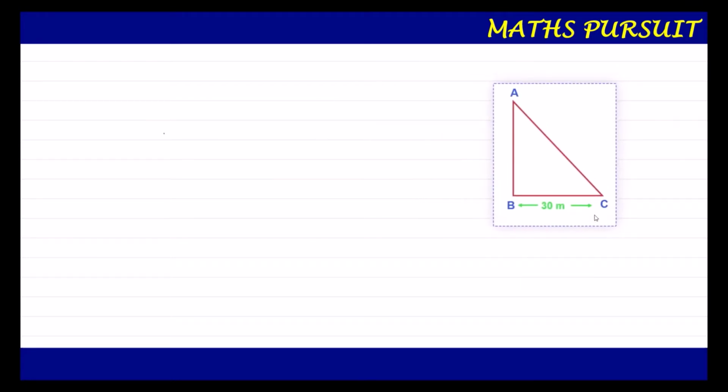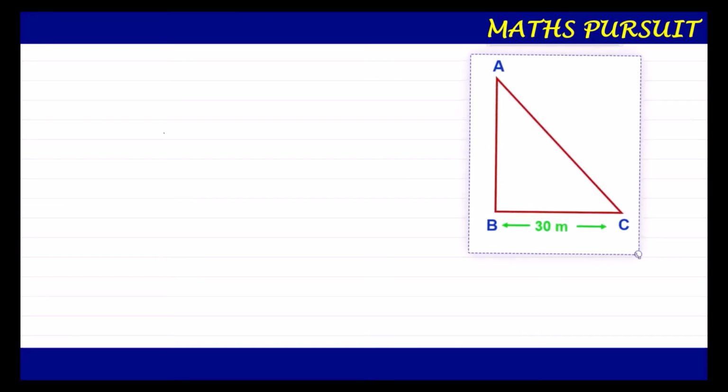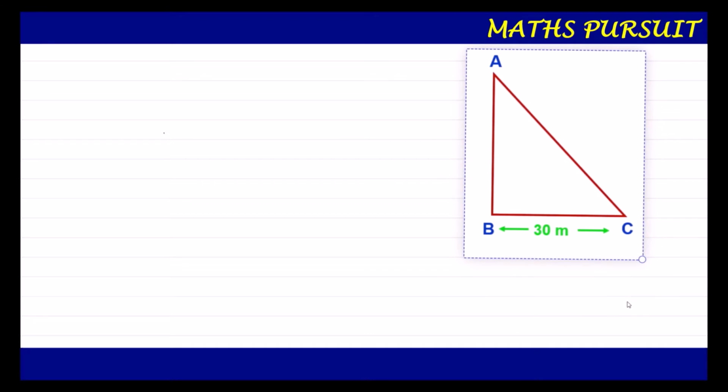Now if you look here at the diagram, as per the question, what is the question saying? The angle of elevation of the top of a tower from a point on the ground. So guys, let us assume that the tower is AB.